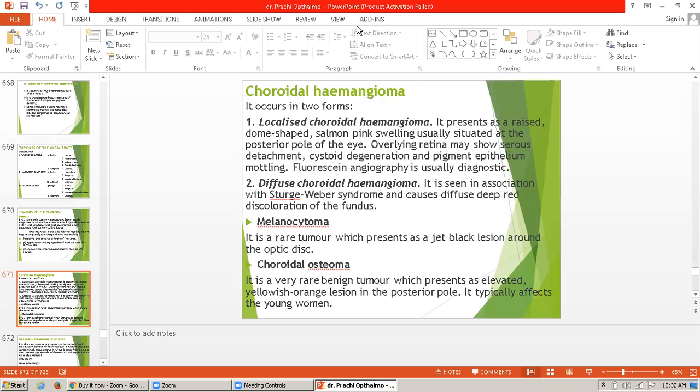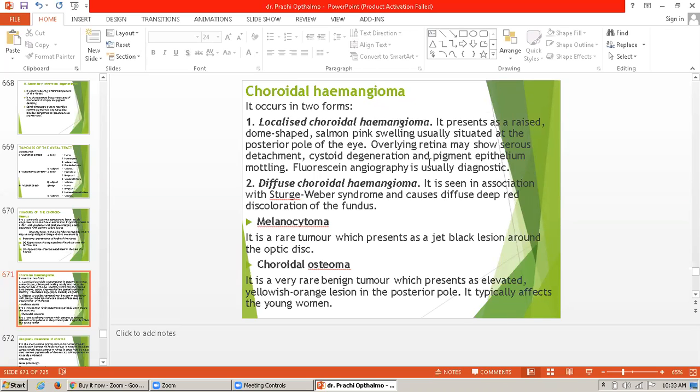Then choroidal hemangioma. It occurs in two forms. The first one is localized choroidal hemangioma.